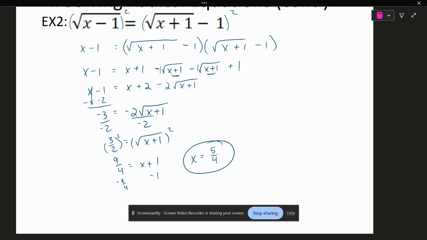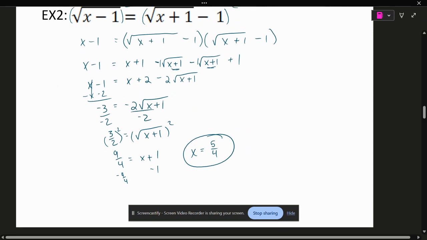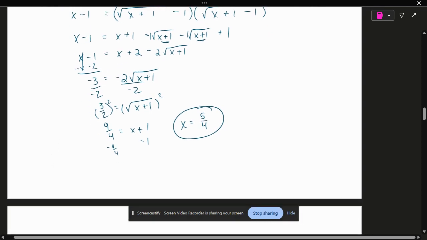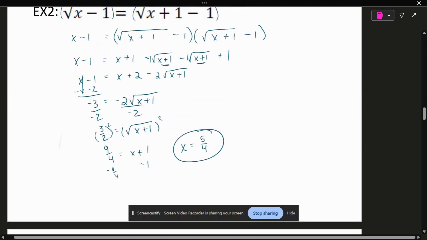So it does end up being a little bit nicer than the first example. You check. Questions at all? All right.